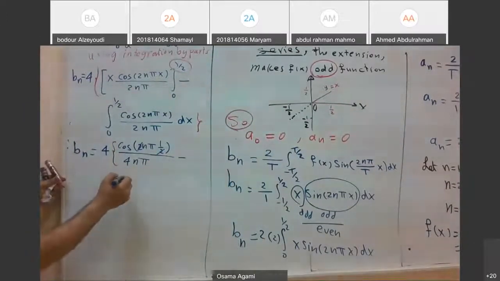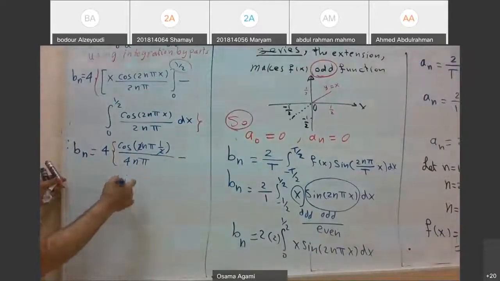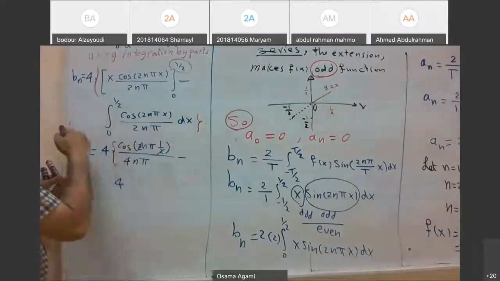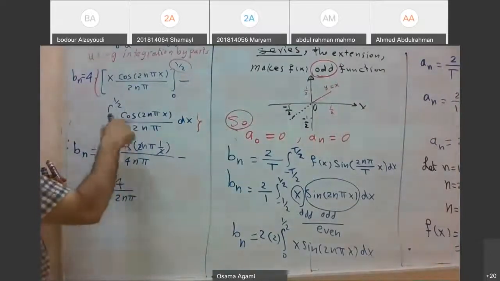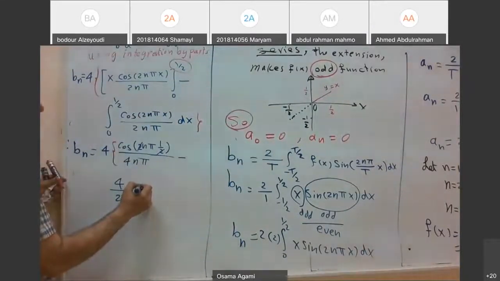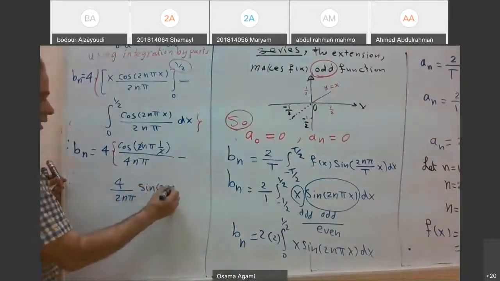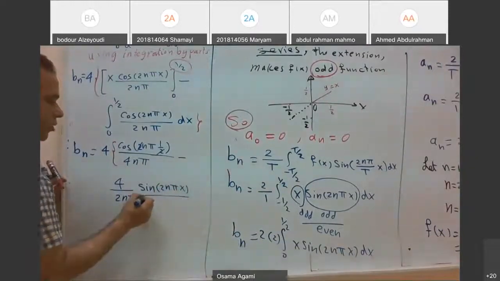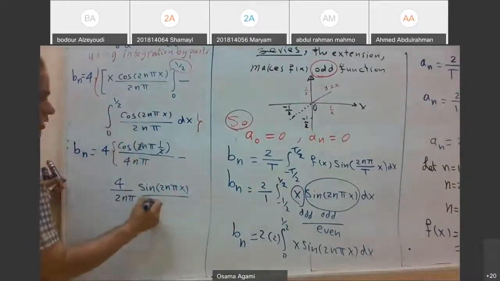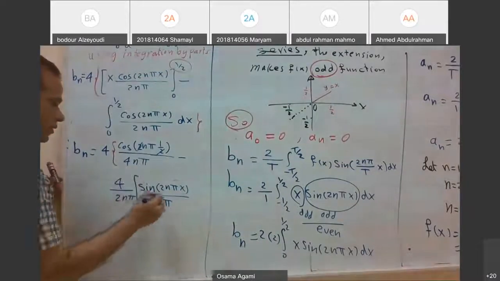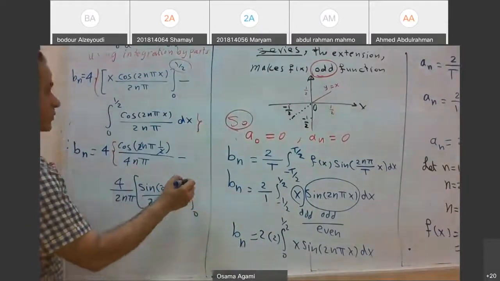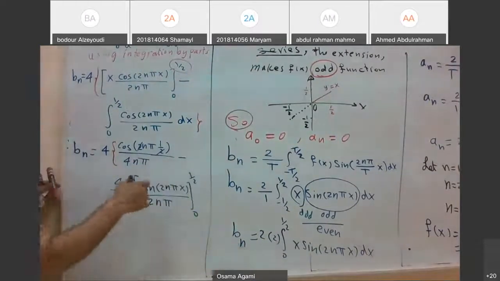Minus 4, this constant, just take it outside. What is the integration of the cosine? It is sine 2n pi x over the derivative, which is 2n pi. Don't forget to substitute the lower bound 0 and the upper bound half.